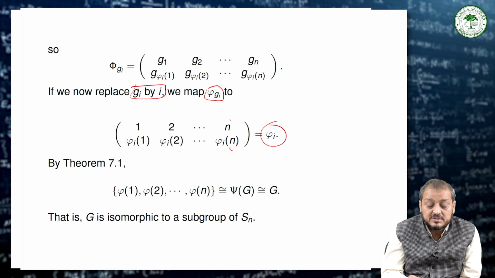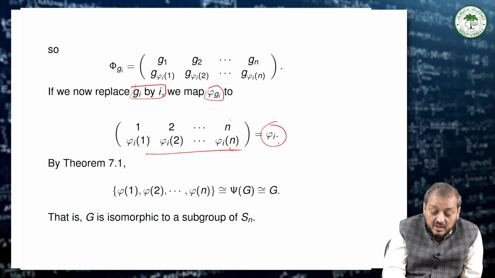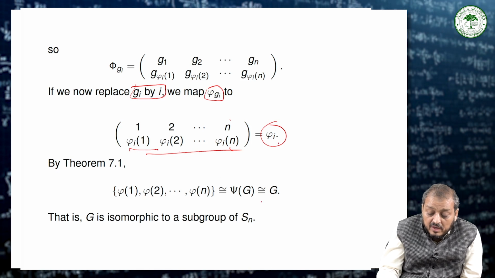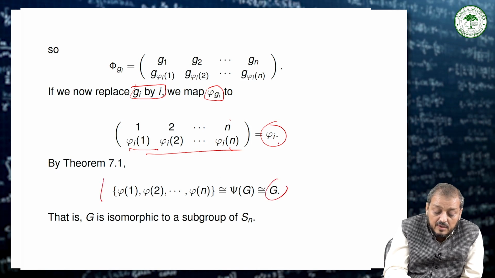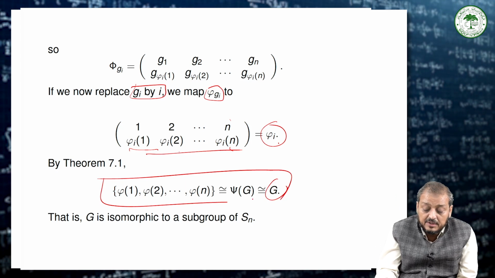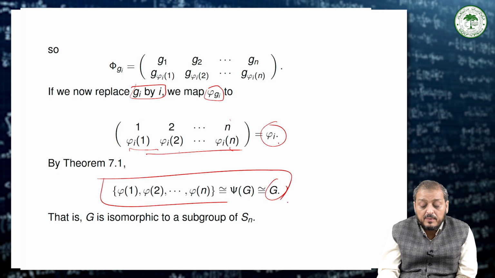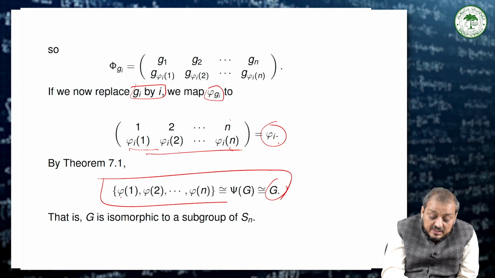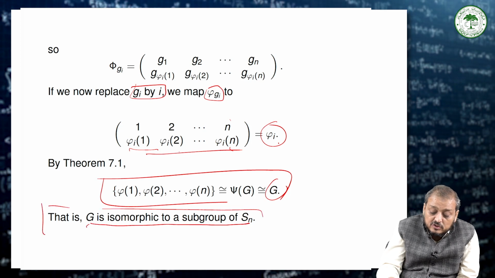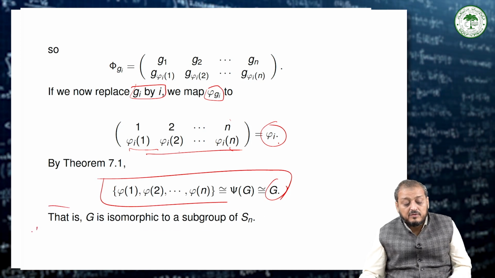Our Cayley theorem is saying that if this is phi I, then the images phi 1, phi 2 are isomorphic to this capital psi G, and psi G is isomorphic to G. That means G is isomorphic to a subgroup of Sn.